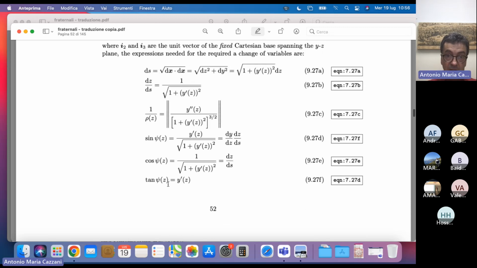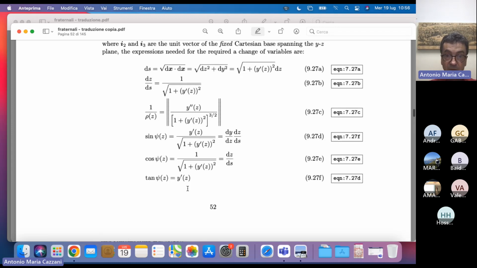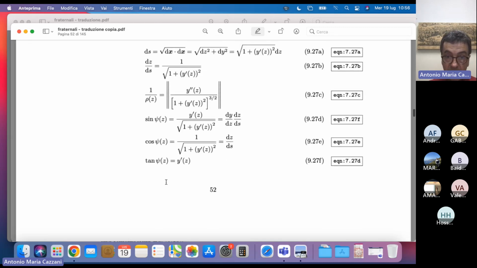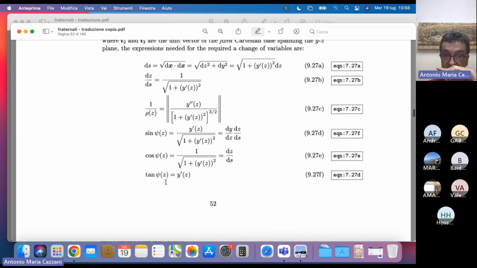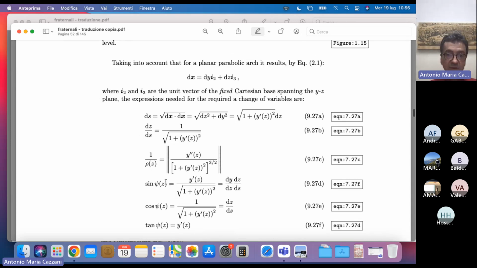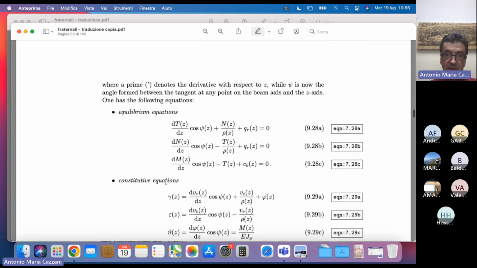And we realize that the first derivative of y with reference to z is exactly the tangent of this angle psi. So what we can do is replace the derivative in the equilibrium equation, and it is relatively easy to see that we get these equations involving the trigonometric functions of the angle psi.